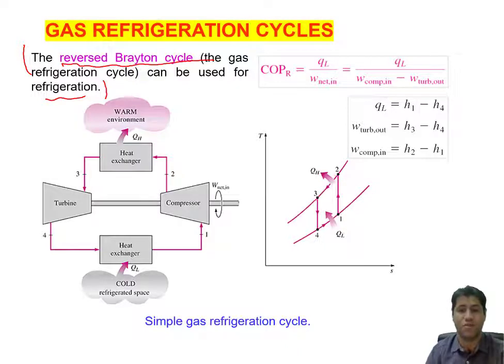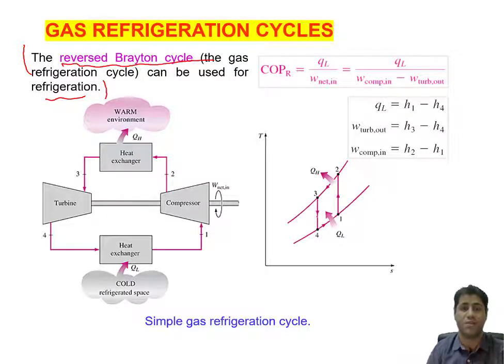From state 2 to state 3 in the heat exchanger, we have heat rejection. From state 3 to state 4 in the isentropic turbine, we have temperature reduction. And from state 4 to state 1, the heat is transferred from the cold refrigerated space to the working fluid. And again, this cycle will continue.